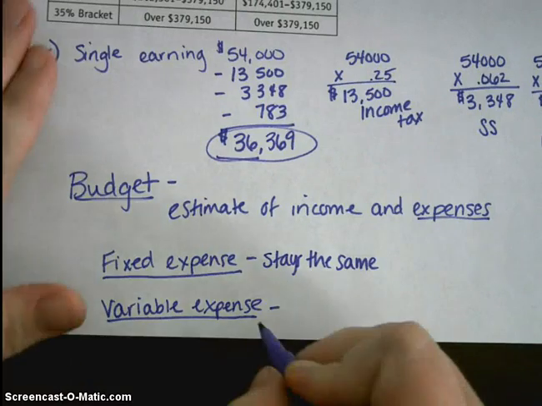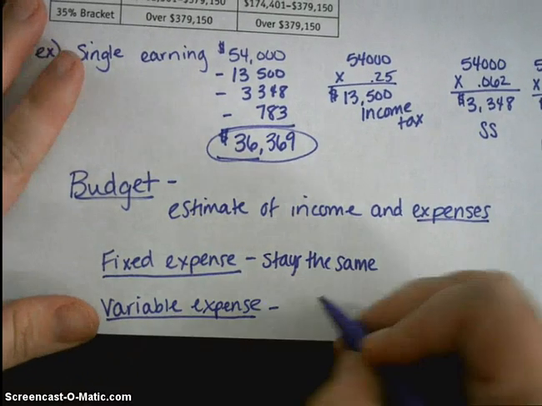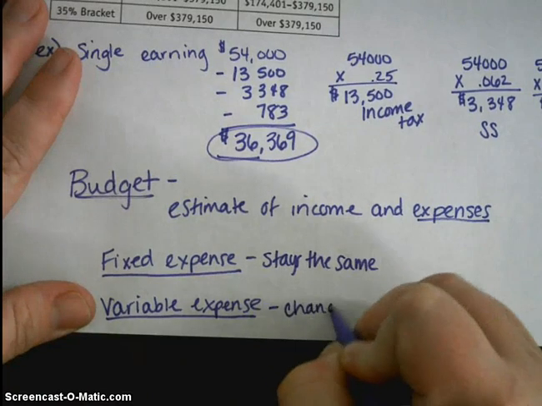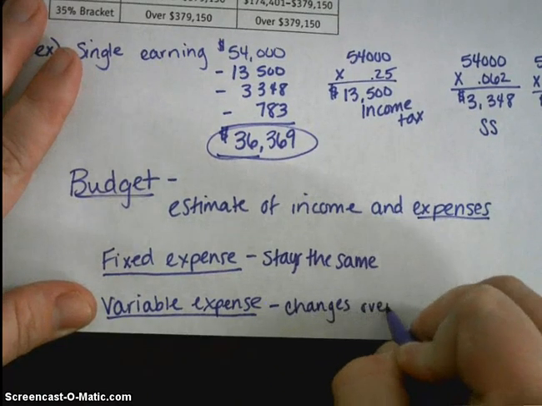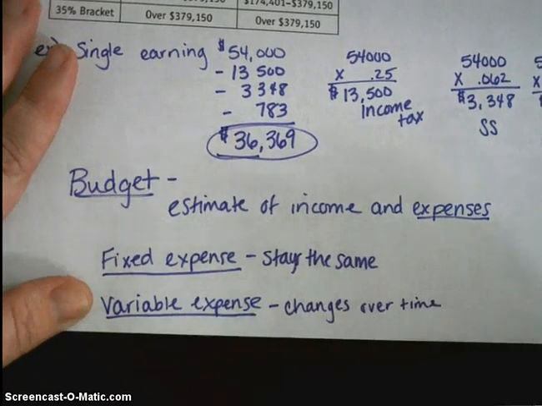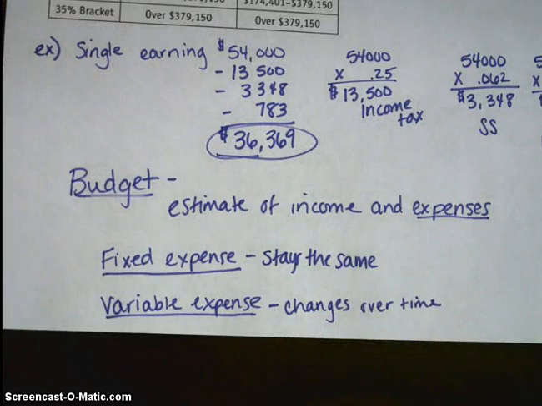Now, my variable expenses are stuff that changes over time. Expenses that change over time are food. I may not go out to eat every month the same amount or buy groceries the same amount.